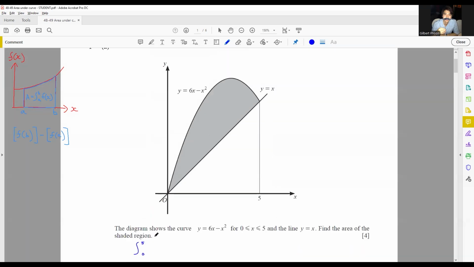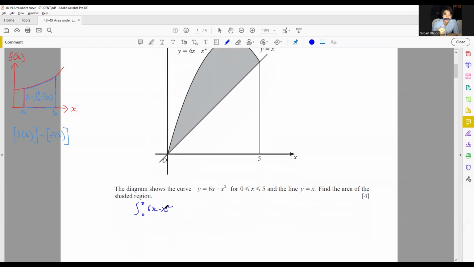6x minus x squared, right? What we're going to do is the integration of 6x is 6x squared over 2. The integration of x squared is minus x cubed over 3. And we are going to do it between 5 and 0.